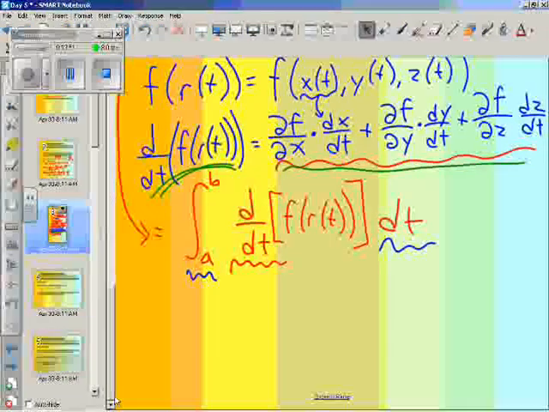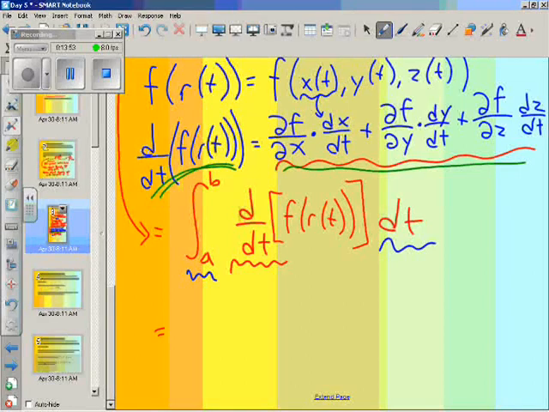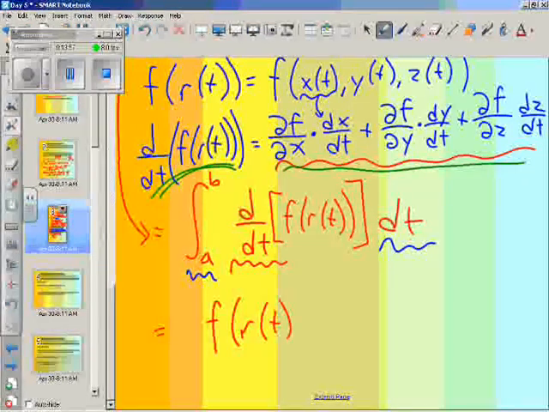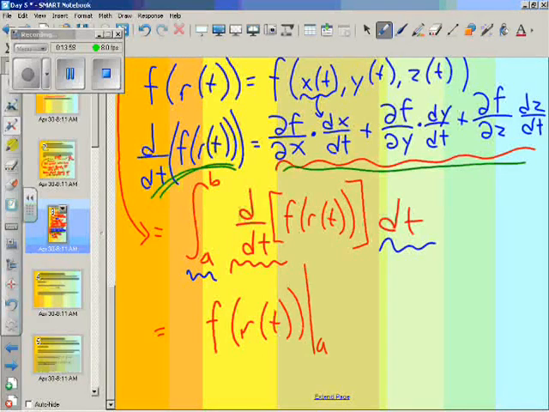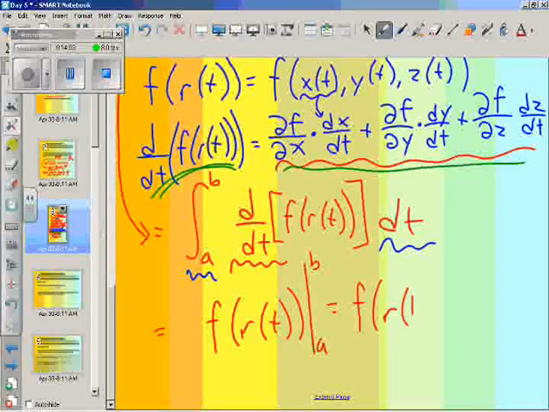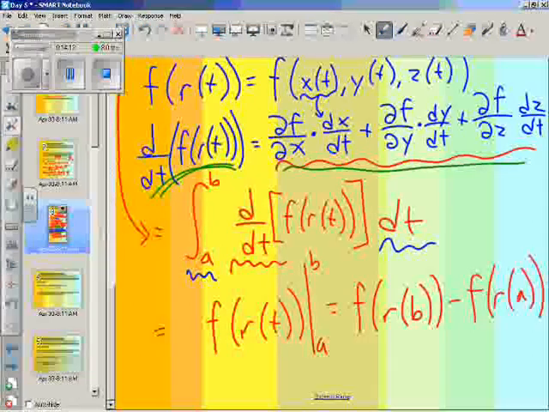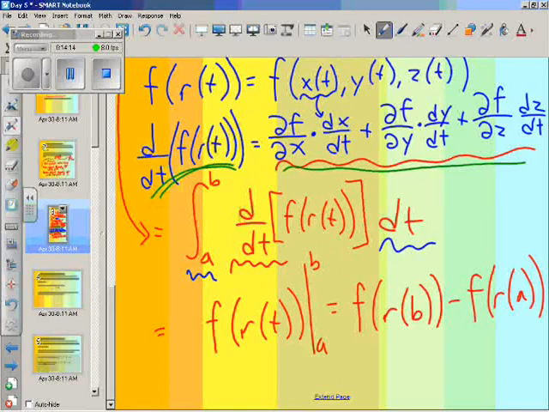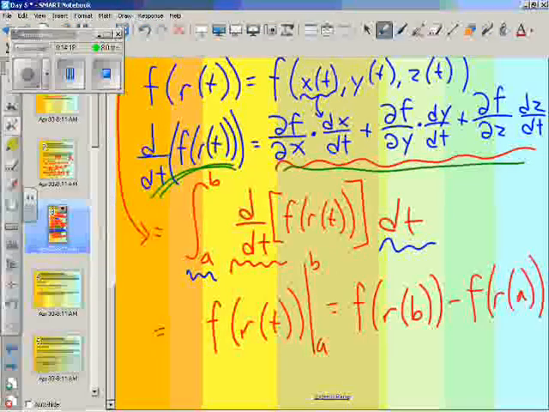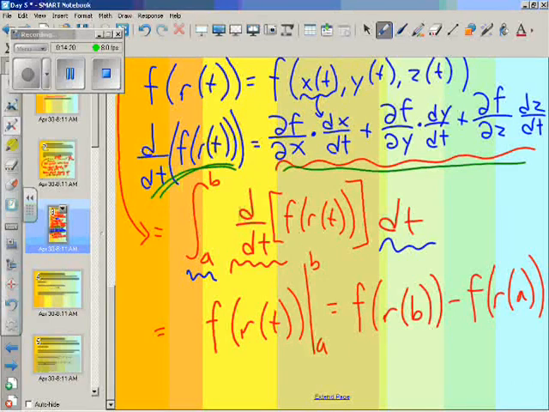And so we can just use the fundamental theorem and say this is just going to be f of r of t evaluated from a to b, which is going to be f of r of b minus f of r of a. And that finishes it up. That proves the fundamental theorem for line integrals.